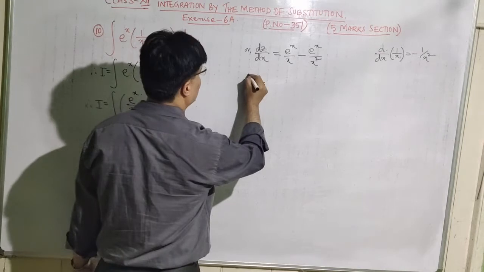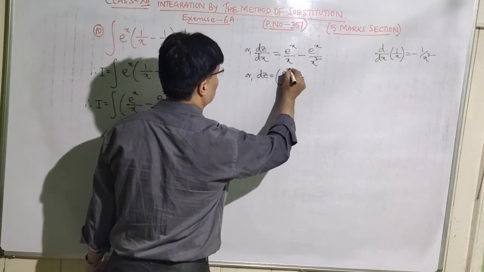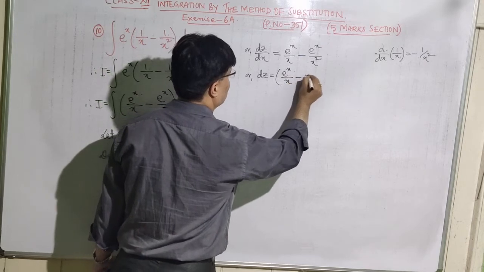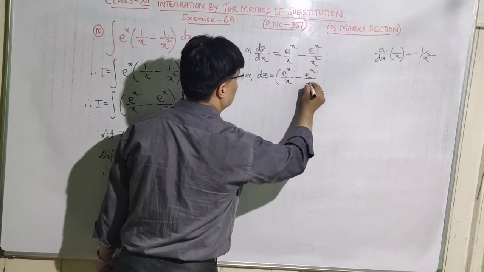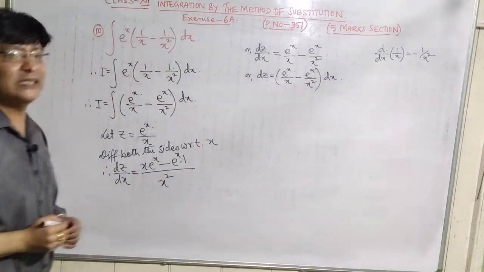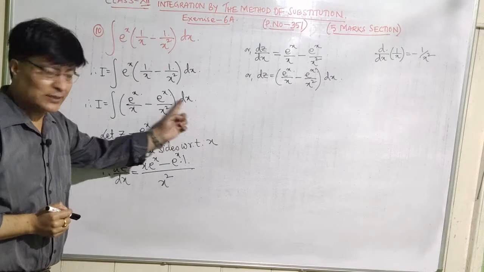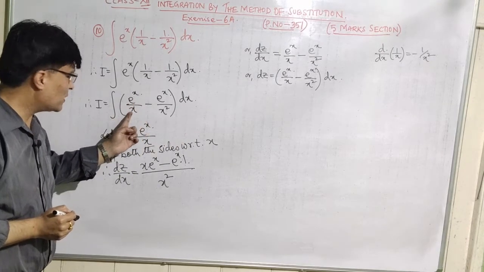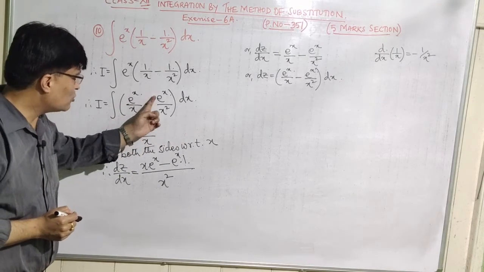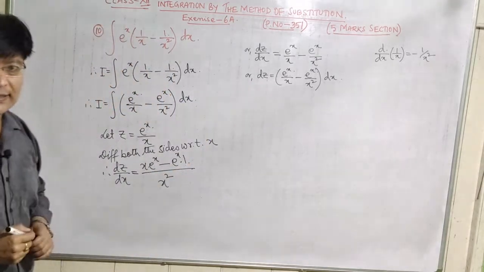Okay, now let us do cross multiplication here. So dz is equal to, bracket, e to the power x upon x minus e to the power x upon x square, bracket closed, dx. So we have got the value of this expression, isn't it? That is e to the power x upon x minus e to the power x upon x square dx is equal to dz, right?